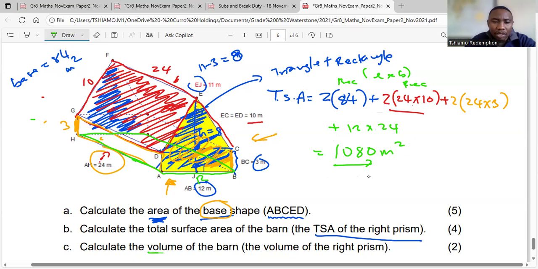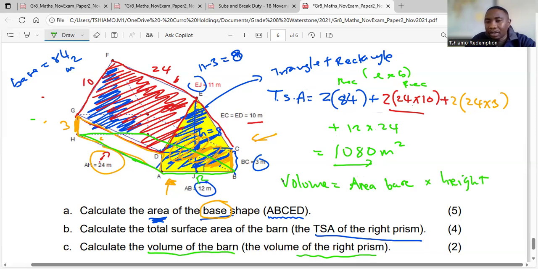Last question, calculate the volume of the barn. The volume of the right prism. So what is the volume of any prism? We multiply the area of the base by the height. This is the standard formula for volume. You get the area of the base multiplied by the height.